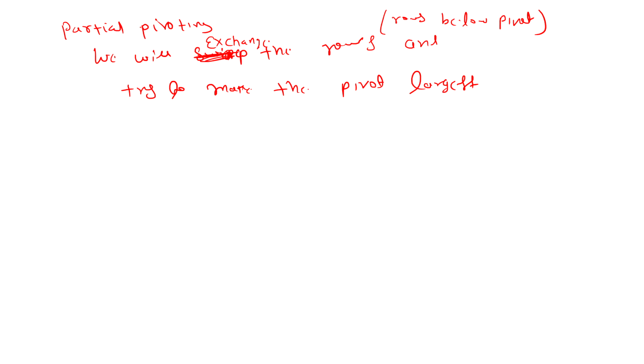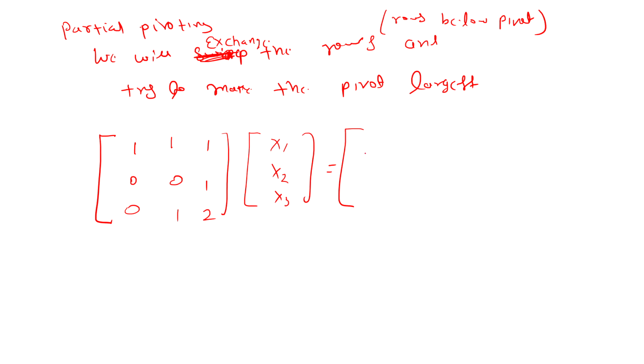Then we'll change the row when we get the largest pivot. So we had the matrix 1 1 1, 0 0 1, 0 1 2, with x1 x2 x3 equal to 6 3 8.